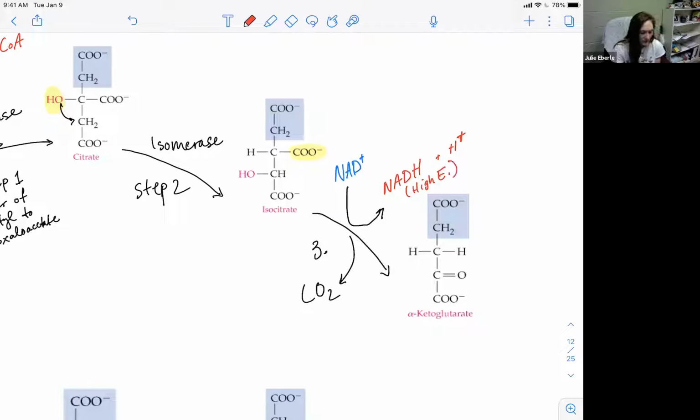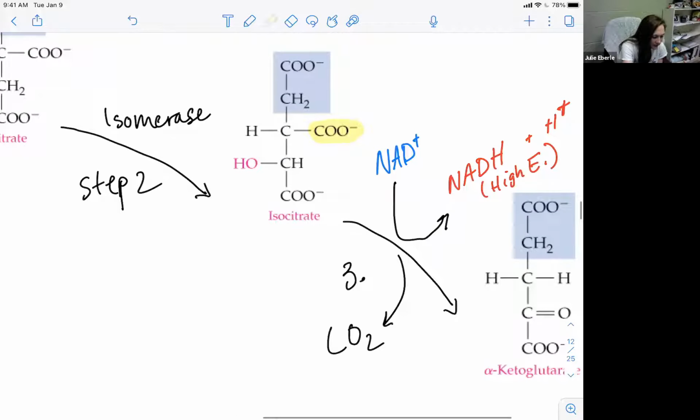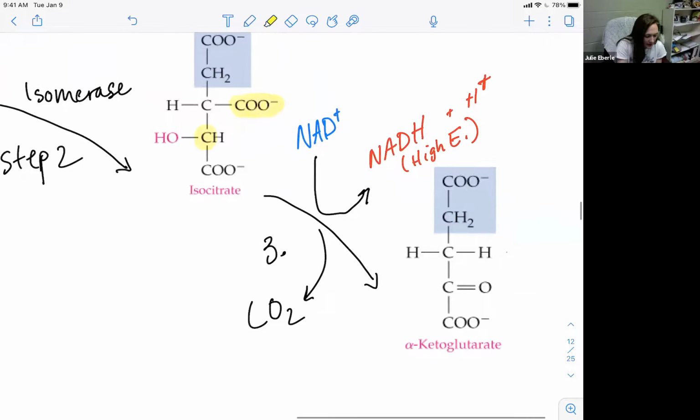There we go. All right, now what kind of enzyme would do this step? What's happening? If we look at this next to last carbon down, I'll highlight it right here, look at that carbon there, and then look at it in alpha ketoglutarate. It has one carbon oxygen bond, and then alpha ketoglutarate has got a double bond. So we oxidized isocitrate to alpha ketoglutarate.